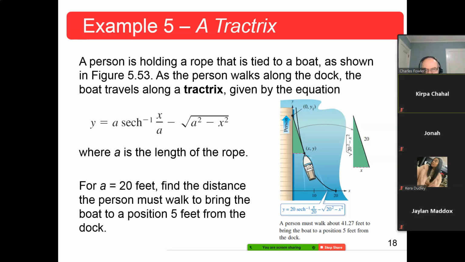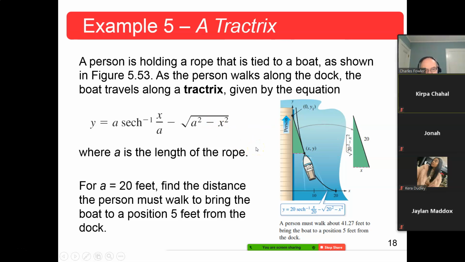It says, oh okay, I see what they're saying. The boat is moved from 20 away to 5 away. So the amount the boat is moving is your X. How far the person has walked, since this is always 20, is the square root of 20 squared minus X squared, which is exactly what you see here.